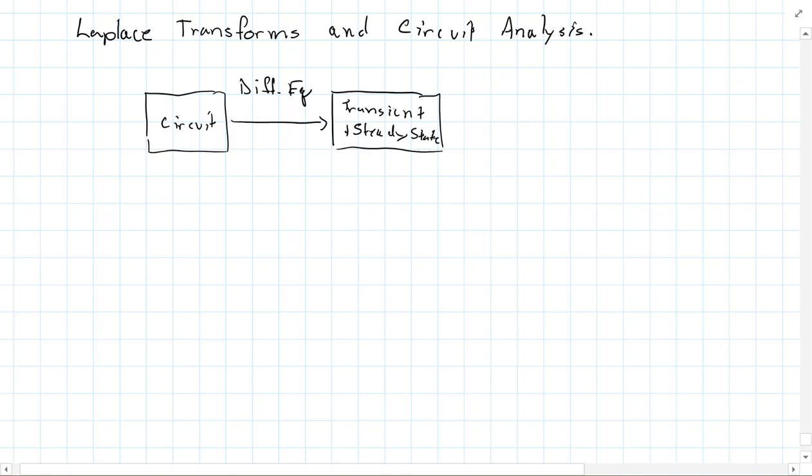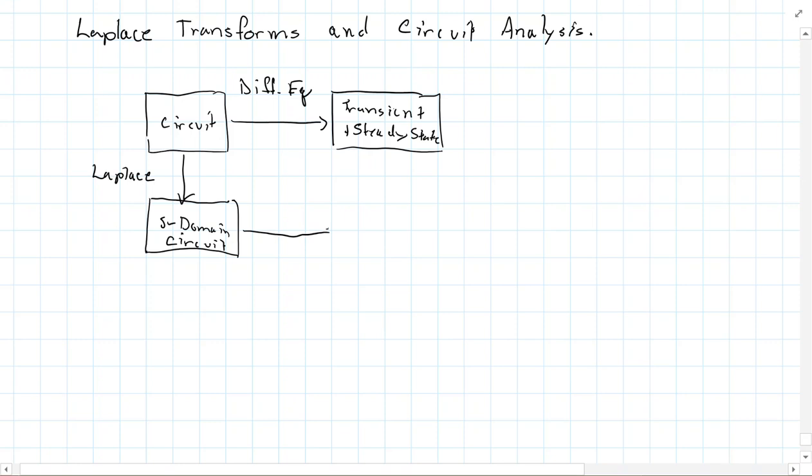And we said, well, we'd like to have a path that doesn't require solving a differential equation. So what we do here is we do a Laplace transform, and so we get this in the S domain. So this is the Laplace transform.